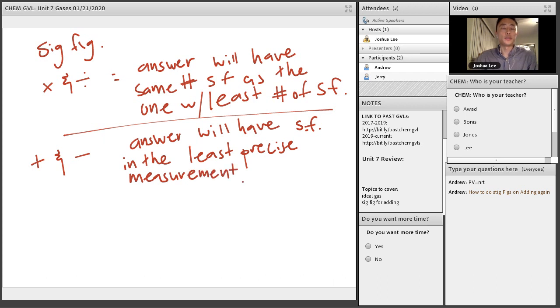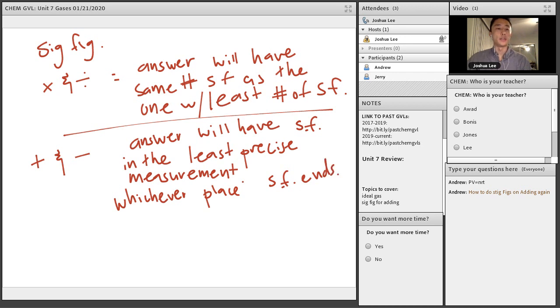What that essentially means is whichever number that you're adding runs out of sig figs first, whichever place sig figs ends.